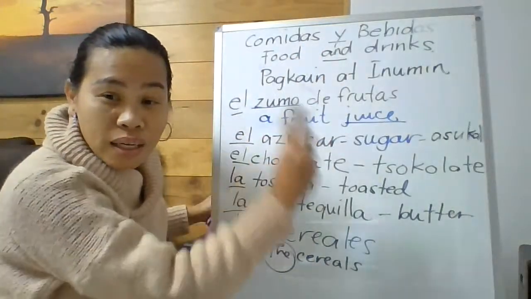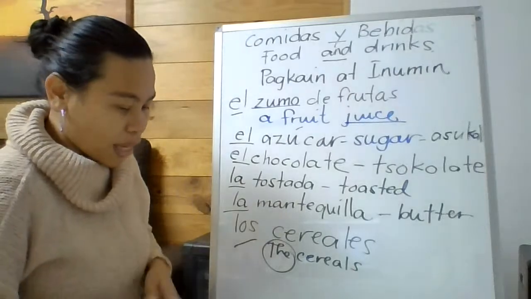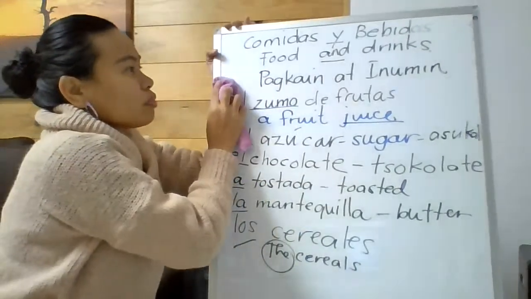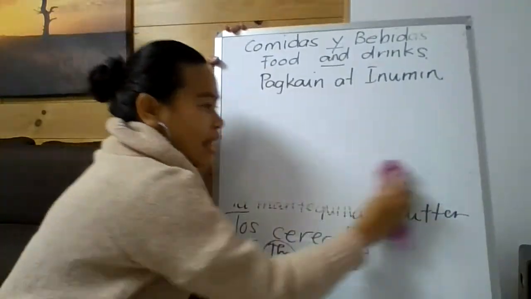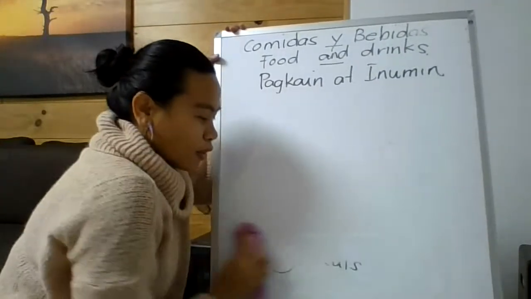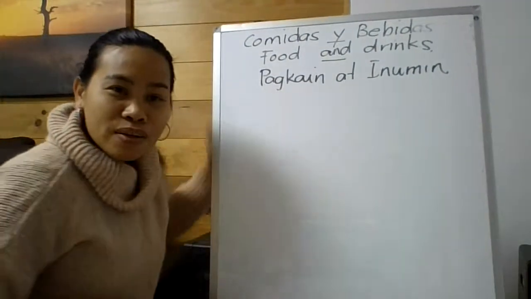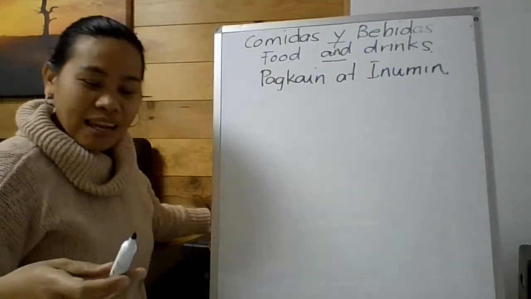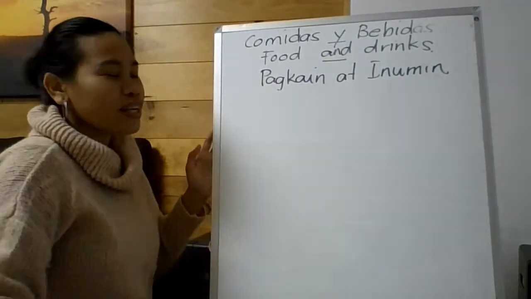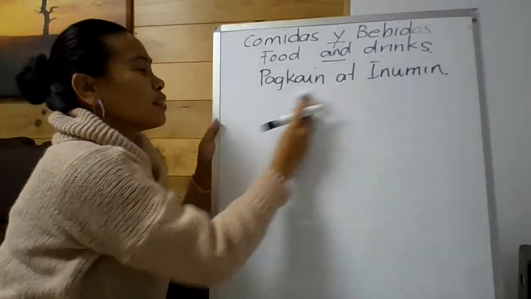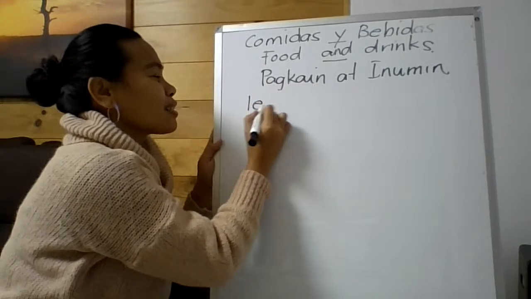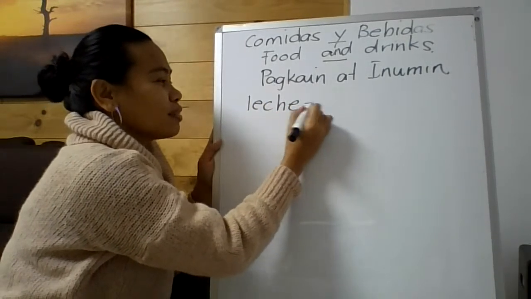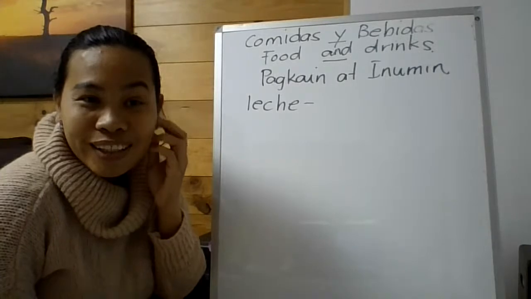Okay, so can I erase the writing on the board? Let's have another word. Okay, let's have leche. How about leche? Is it masculino or femenino? Leche. Masculino, femenino. Okay? Leche, people? Is it masculino or femenino? Leche.